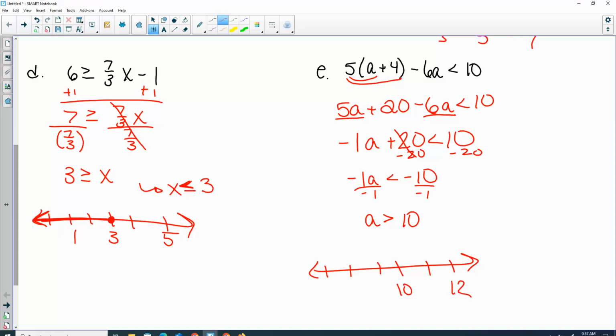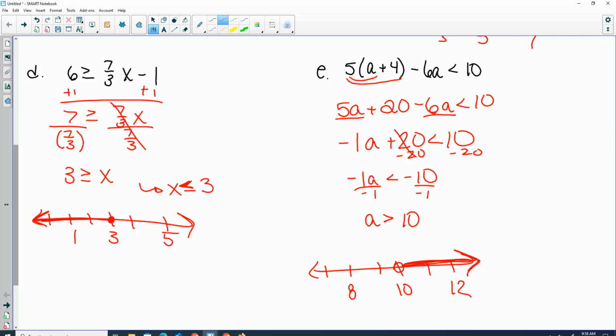Okay. So greater than would be an open circle, because there's no equal to. Holden, which way are we going? Greater than, because that inequality flipped when we divided by a negative.